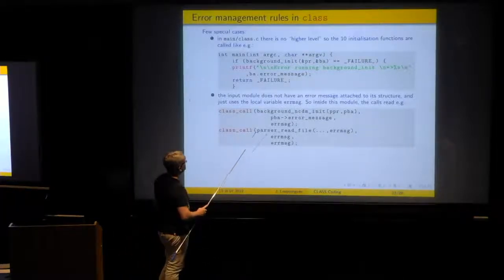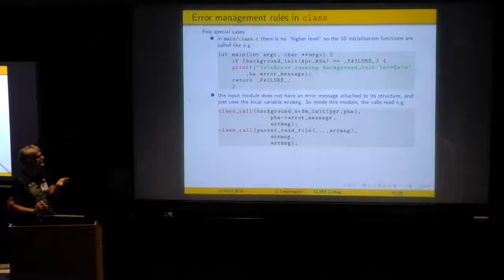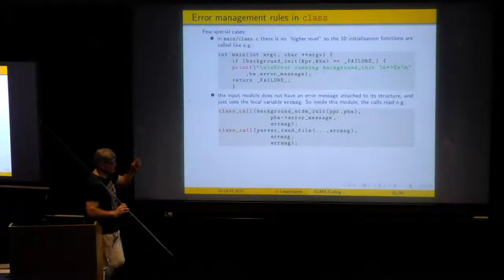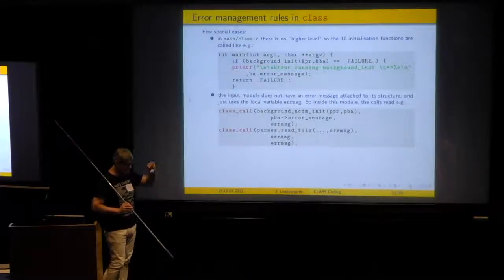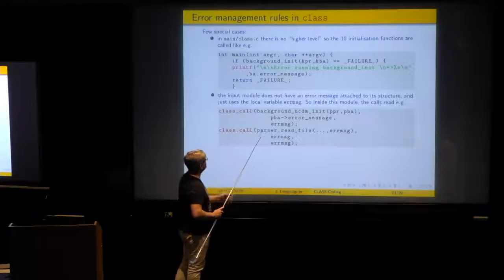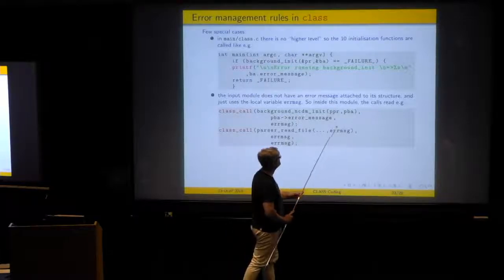Now, here I'm calling a function which is not belonging to any class module. It belongs to the tools. It's not one of the 10 modules. In the tools, there is not this rule of having structures and error messages. So in this case, all these functions which are in tools have their error message as an argument.